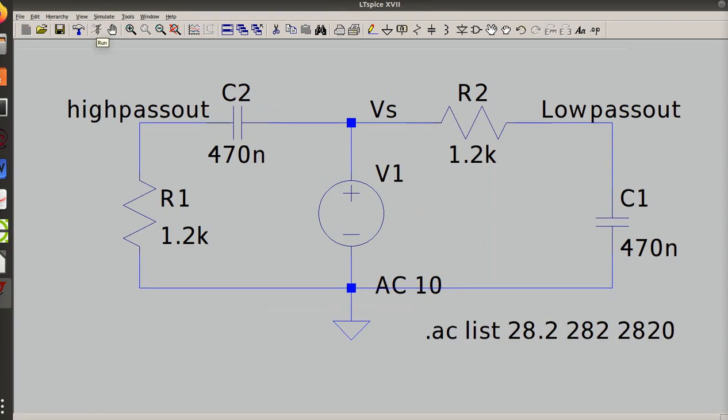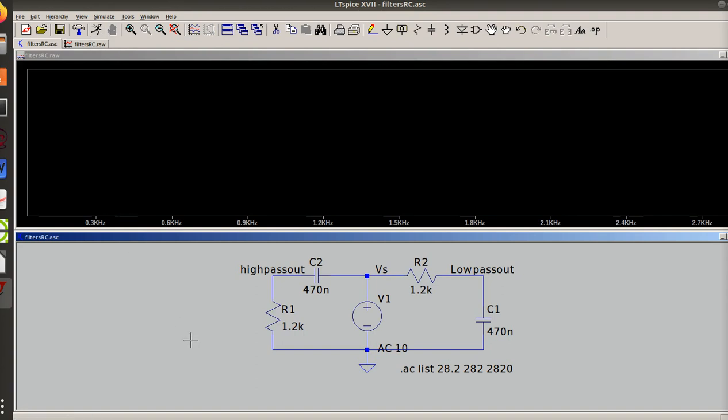And so now we're going to simulate. When you do multiple frequencies, you get the graph, and what you're getting is the frequency of your high pass.